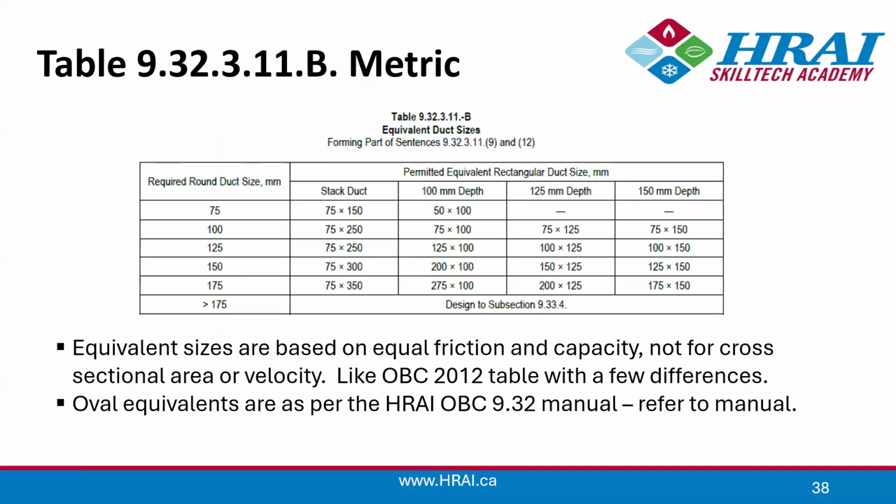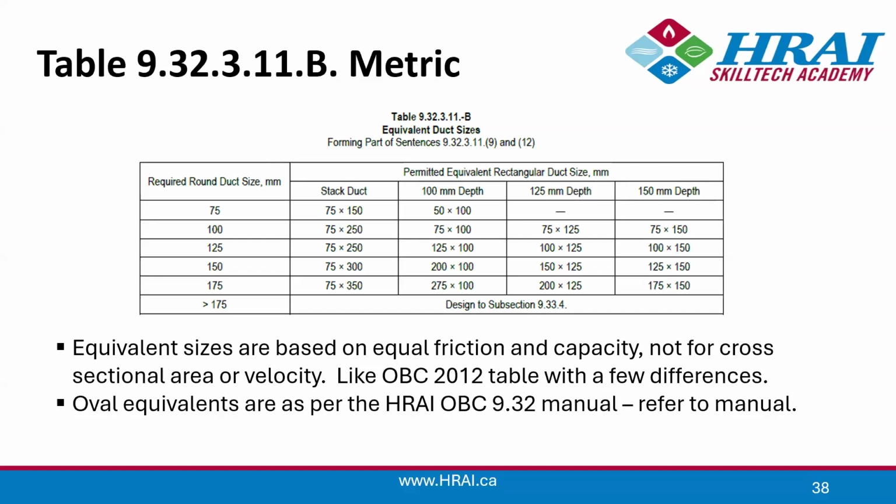There's a new table that's just a little more elaborate with our equivalent sizes. And just a reminder that we're always talking about equal friction and capacity when we're looking at this, not cross-sectional area or velocity. So we're basically replacing round, which is the best way to convey air, with rectangular, which is a less efficient, less effective method, because of the corners, right?